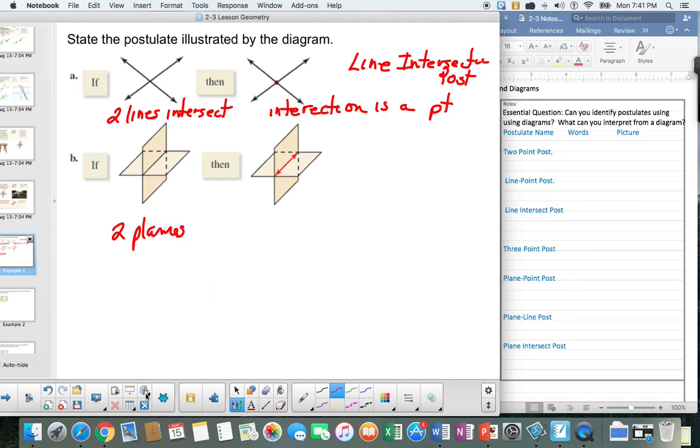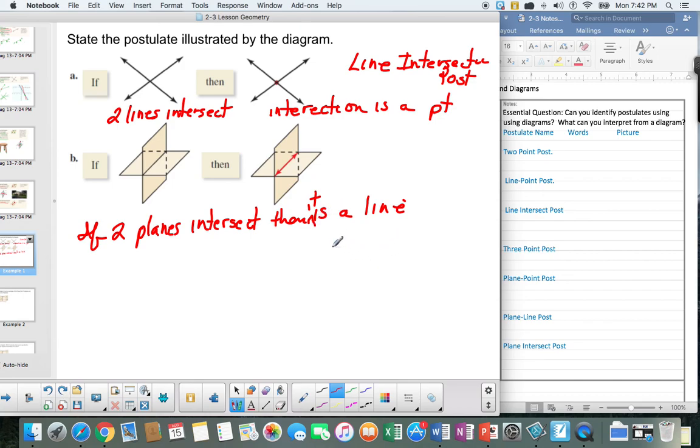Two planes intersecting. If two planes intersect, then the intersection is a line.